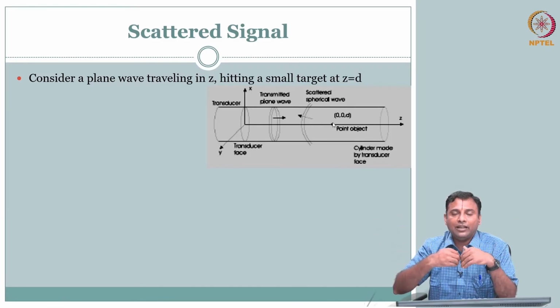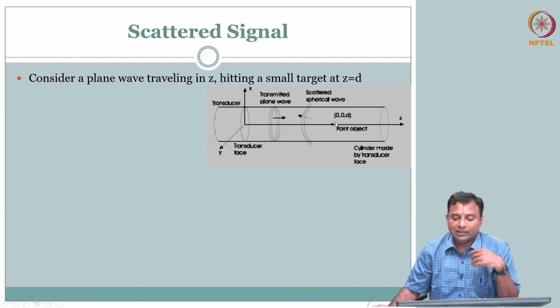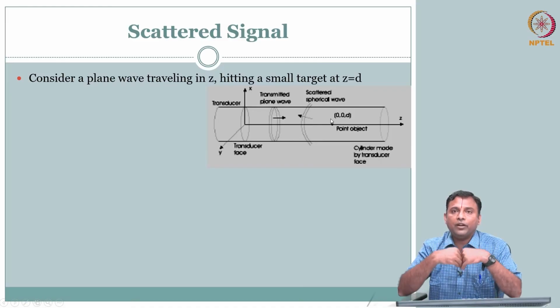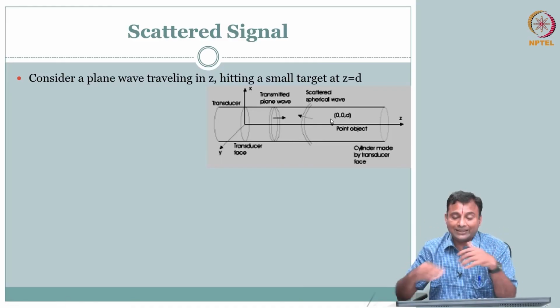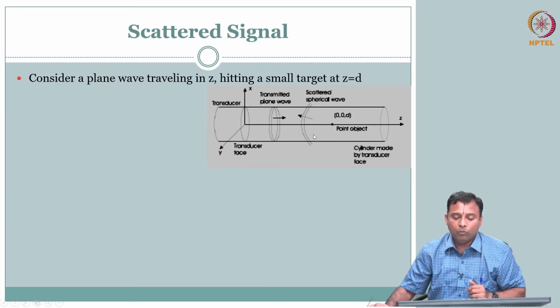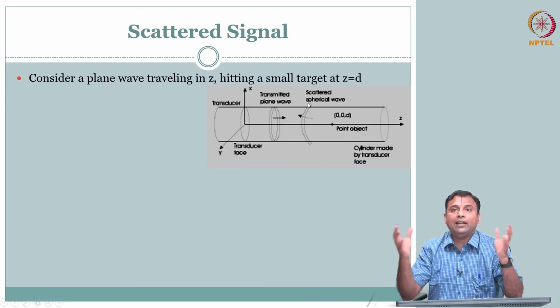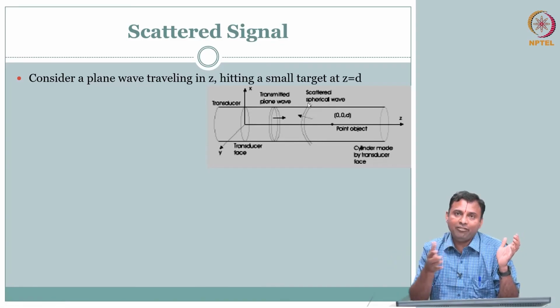That means we can now treat this point as going to reflect or scatter everything, and the waves that come back are more close to spherical. So, I send a plane wave, and this point object has converted that plane wave into a spherical wave.